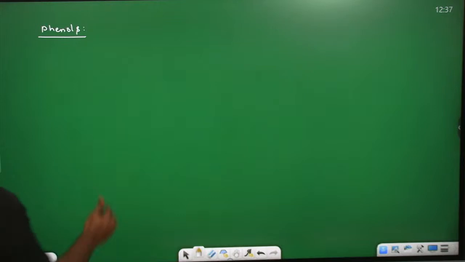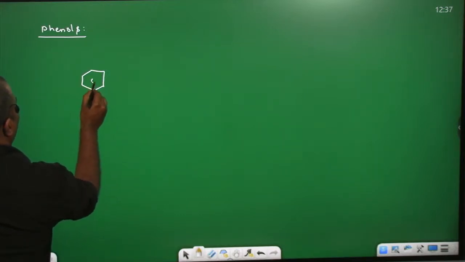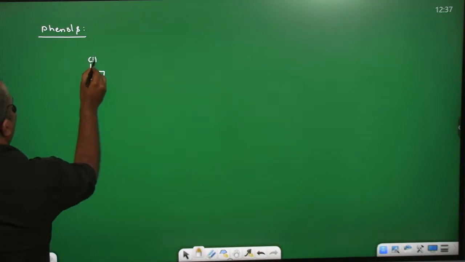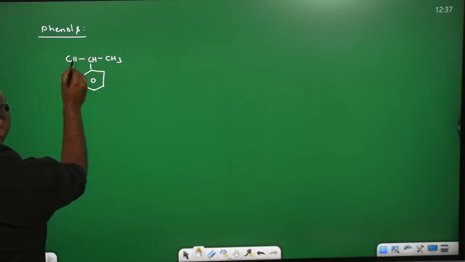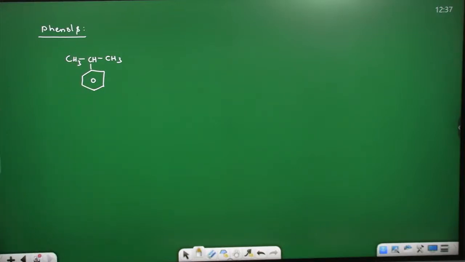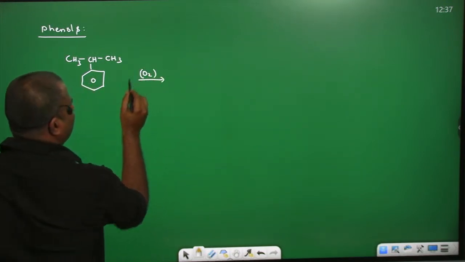The first one is cumene. Cumene means isopropyl benzene, which is going to oxidize in the presence of atmospheric oxygen.